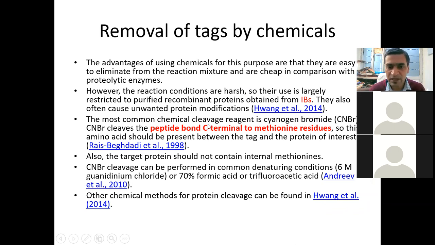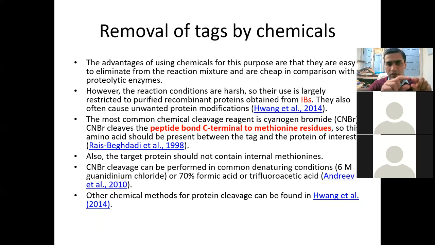The most common chemical cleavage reagent is cyanogen bromide, and it cleaves the bond C terminal to the methionine residue. So this is important about the action of cyanogen bromide: it cleaves C terminal of the methionine.